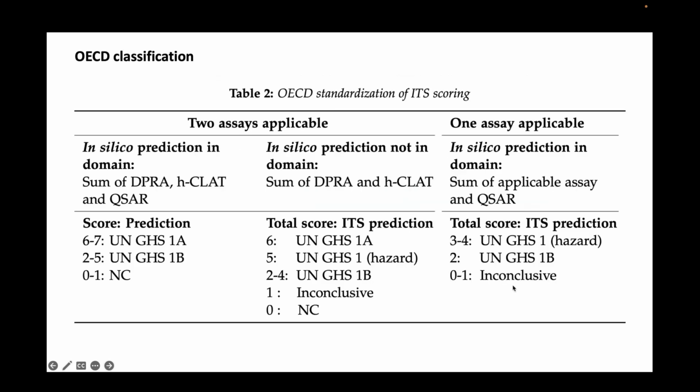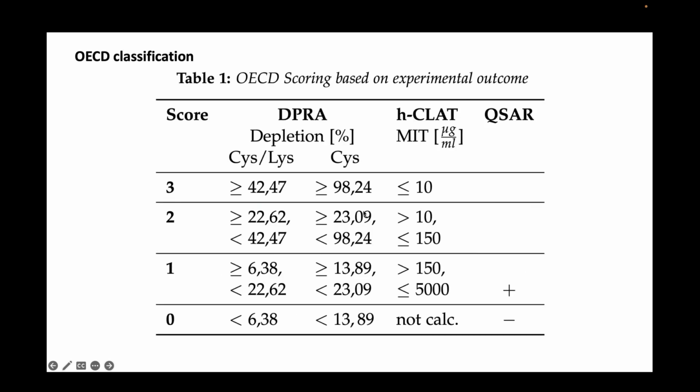Then you have a second table, and you see, okay, our in silico prediction is in domain, meaning you can apply your in silico model for that compound. And then you can sum up your scores. So 1 plus 2 plus 1. So we have a score of 4.